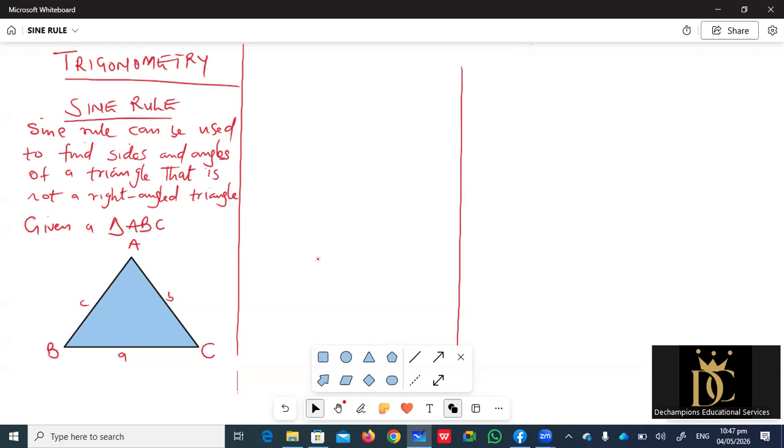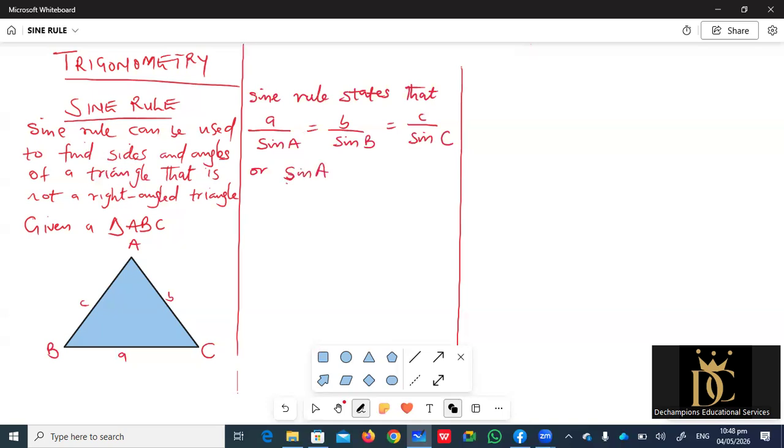And then the sine rule states that a over sine A is equal to b over sine B is equal to c over sine C. You can also write it in this way: sine A over small a is equal to sine B over small b is equal to sine C over small c.